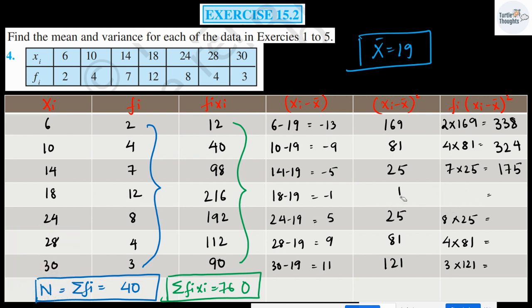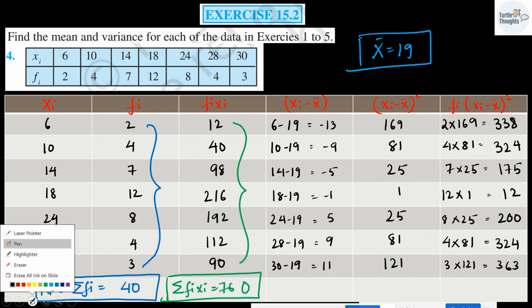It is going to be 12 multiplied by 1. It is not going to be 216. Okay. So 12 multiplied by 1, it is going to be 12. 8 multiplied by 25, it is going to be 200. 4 multiplied by 81, it is 324. 3 multiplied by 121, 3 times 1 and 3, 363.